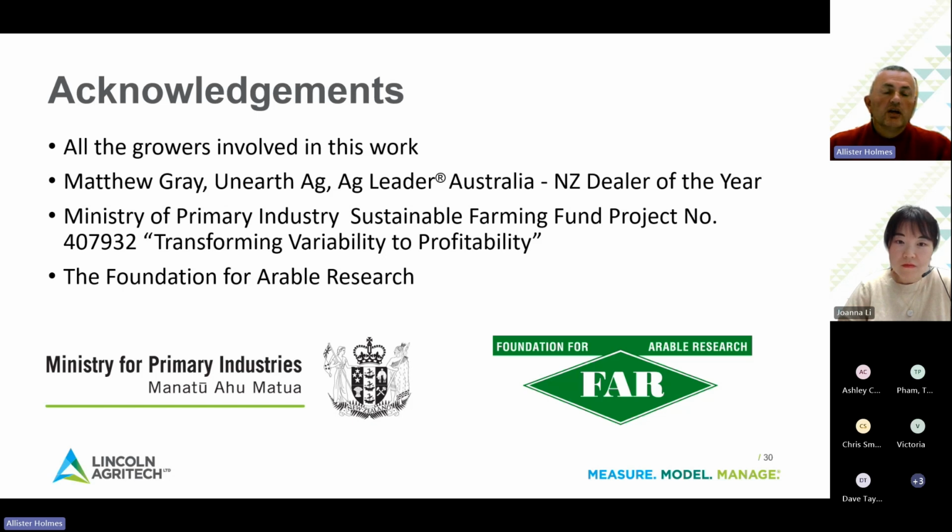There is no point continuously cultivating, planting, spraying and fertilizing a part of the paddock that you are losing money on and also creating carbon emissions, nitrogen leaching, etc. So it's just really understanding the variation in your paddock and targeting where you're going to get the greatest return, the best bang for your buck, on your inputs.